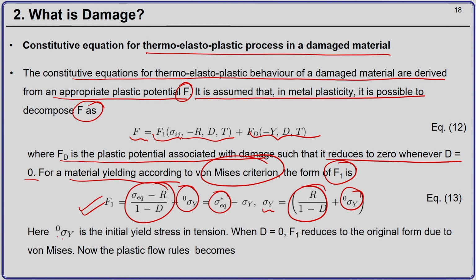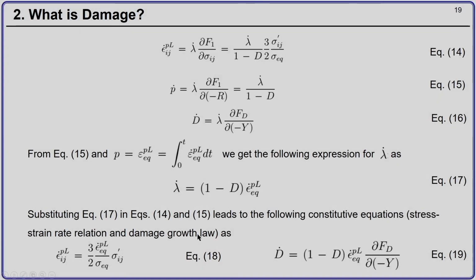Here sigma_y0 is the initial yield stress of the material in tension, and when you have zero damage, F1 reduces to its original form due to von Mises. With this, the plastic flow rule can then be written as the following equation, where we have to find out this lambda star.